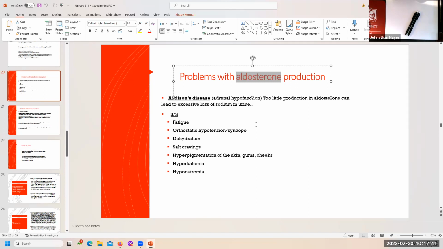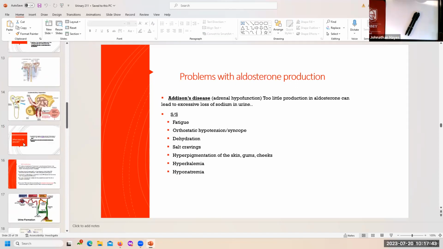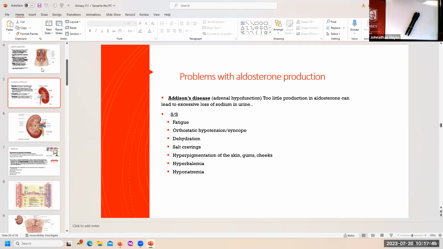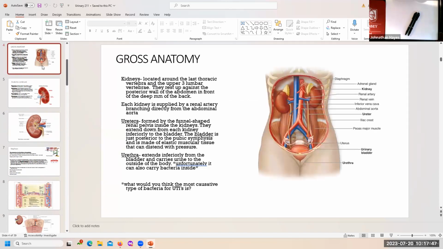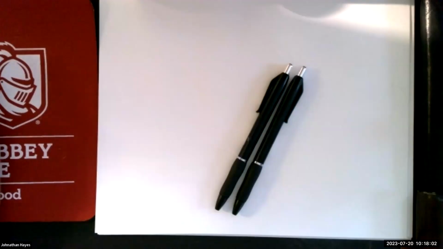A key to understanding the urinary system is knowing how all the basics work at the most basic level, and then you can predict what would happen when it falls apart. So if you just know the stuff I teach you today and Tuesday of next week, you'll be good pretty much forever. Okay.